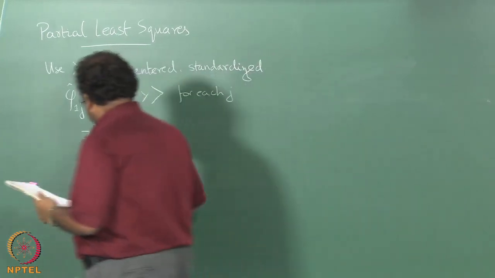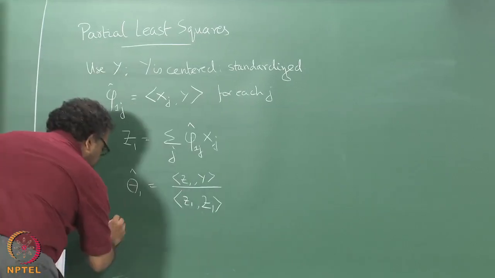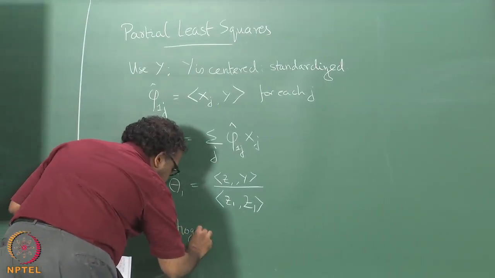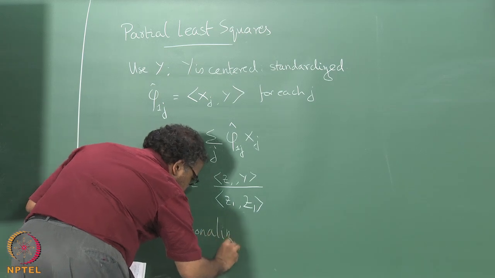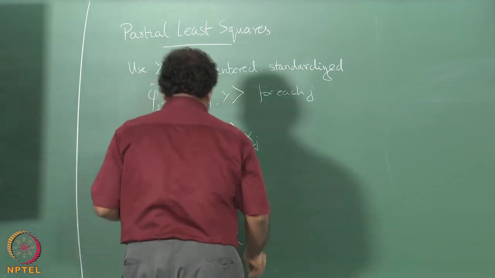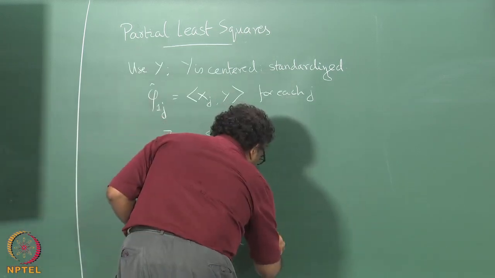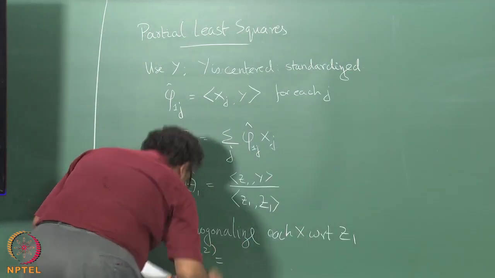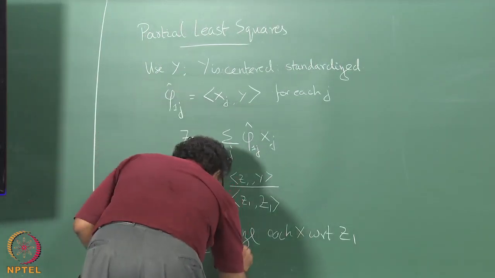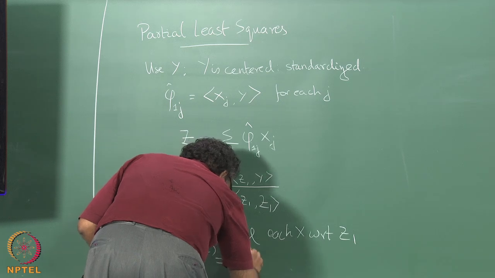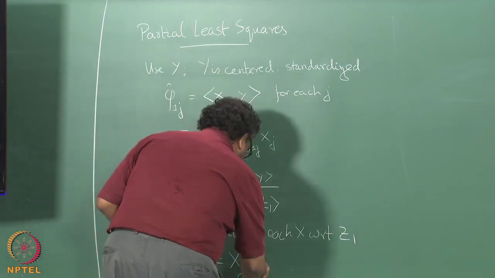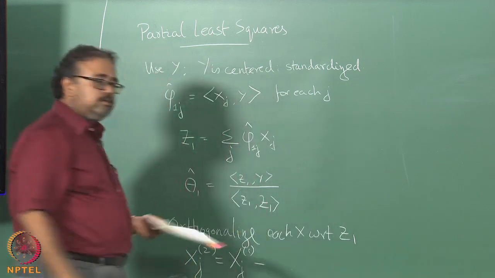So you find the first coordinate. Now what you do, you orthogonalize. So what should I do now?